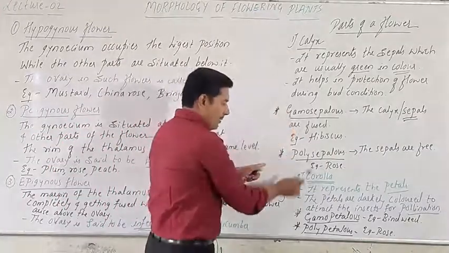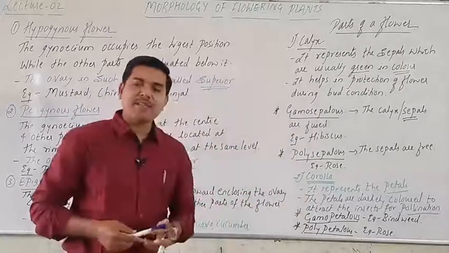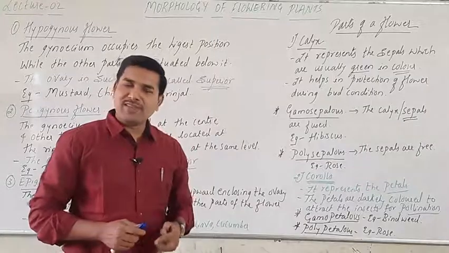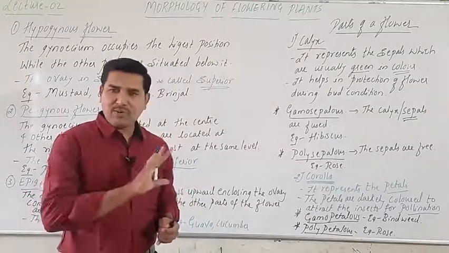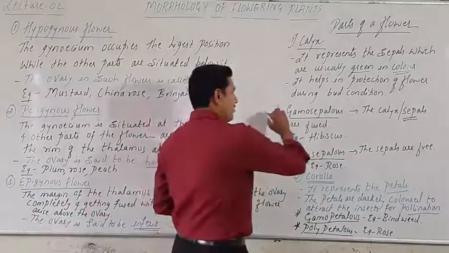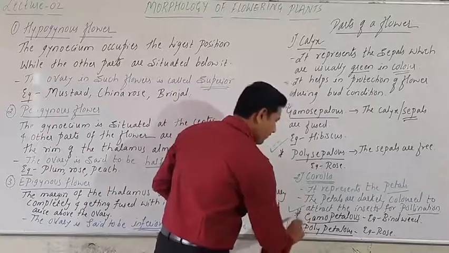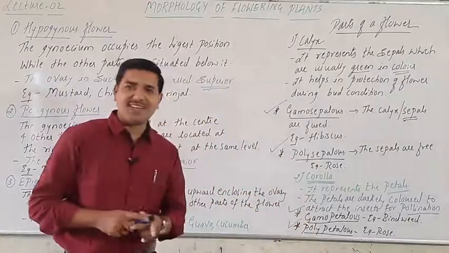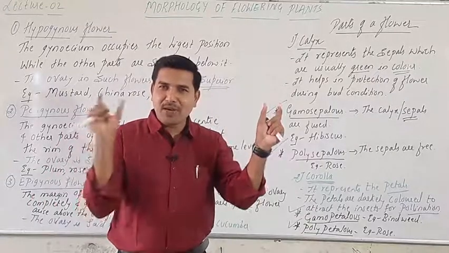Check whether they are given in your NCERT or not. If they are not given, do not bother about it. They will not be asked. But the definitions of gamosepalous, polysepalous, gamopetalous, polypetalous, objective questions will be asked. Define the terms gamosepalous, polypetalous.